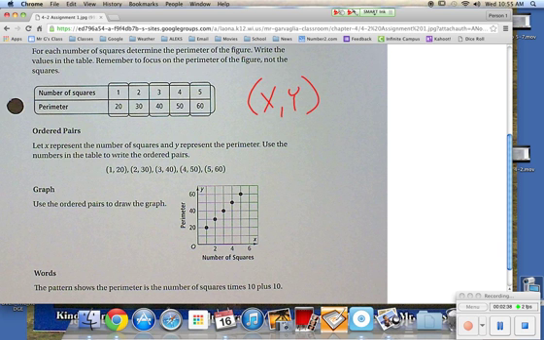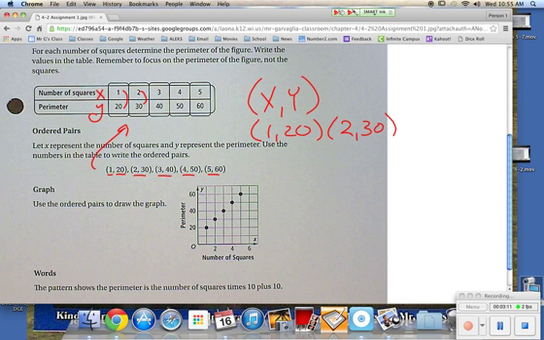If we look at our ordered pairs, we've got 1 and 20, so we can call this X, this Y, and put our ordered pair as 1 and 20. We can look at the next one, 2 and 30, and put our next pair as 2, 30, and so on. So we come up with each one of our ordered pairs for what we've got in the table up here. Once we have our ordered pairs, we can graph.